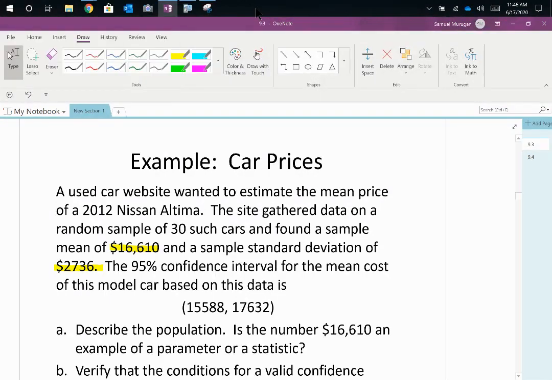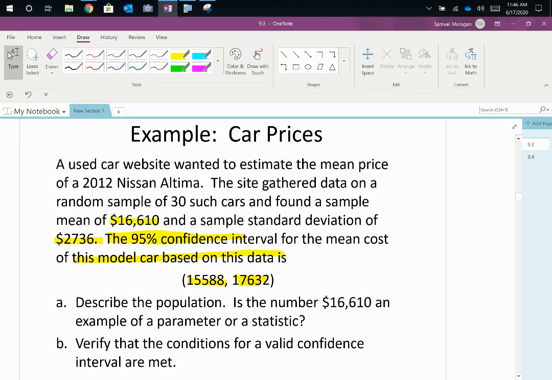The 95% confidence interval for the mean cost of this model based on the data is 15,588 to 17,632. I'm going to go through this in the problem.